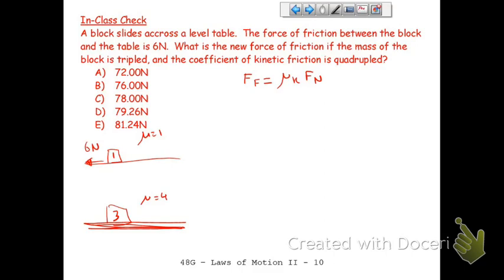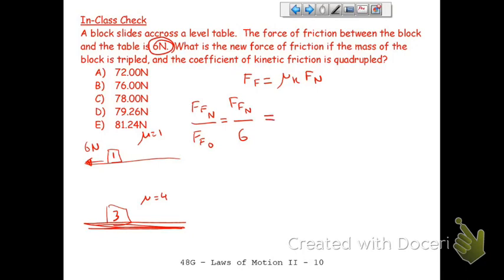Okay. FF new over FF old. Always put the new on top because that's the answer you want. FF new over the old force of friction, which was 6 newtons, over 6.